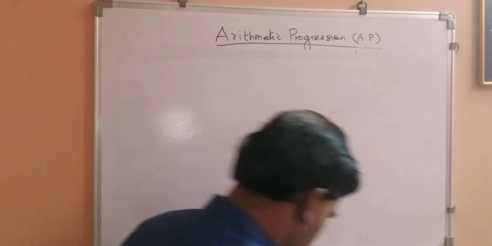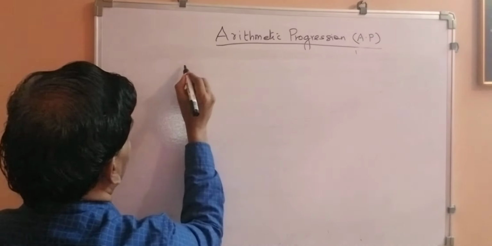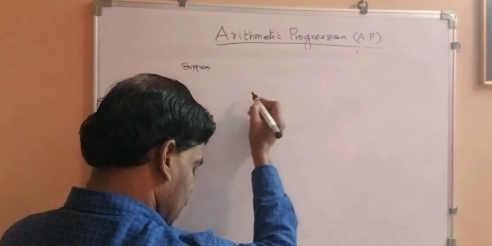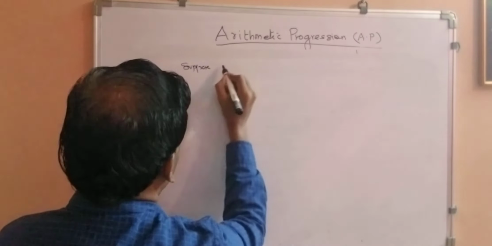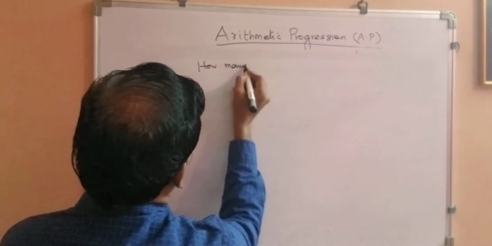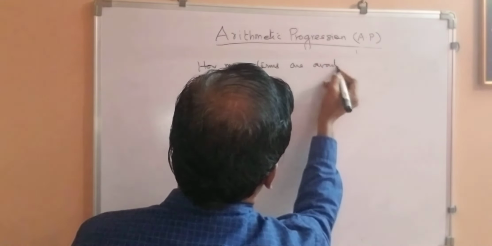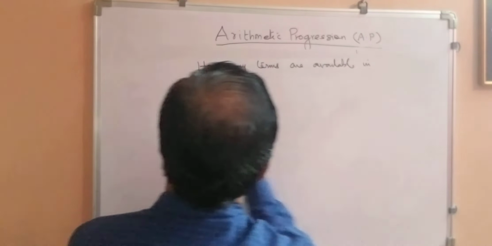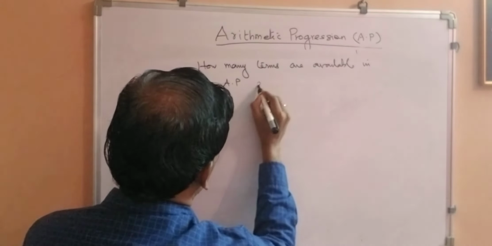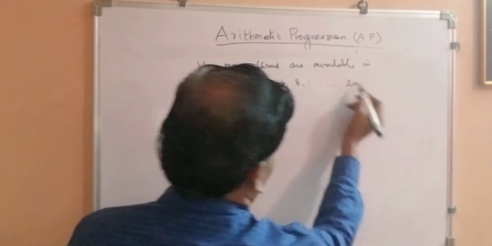Now, what we will do is, suppose one sequence is given. We will write: how many terms are available in the AP 2, 4, 6, 8, etc., 20?